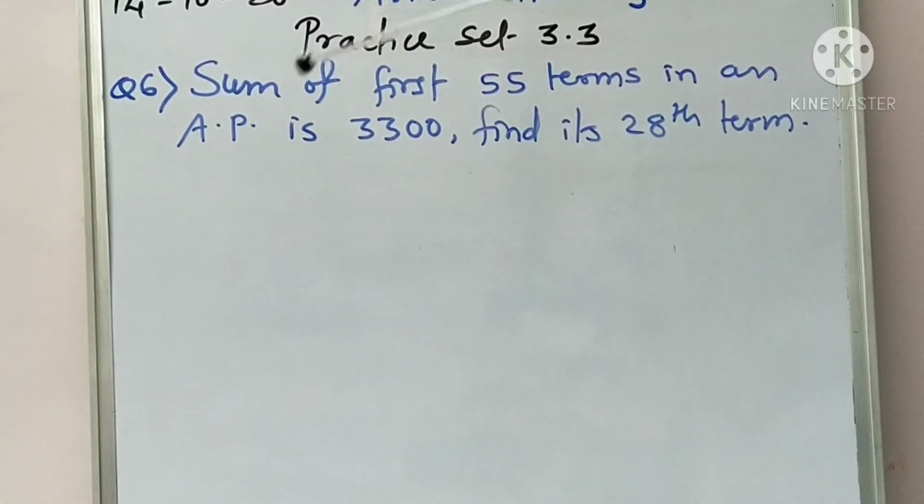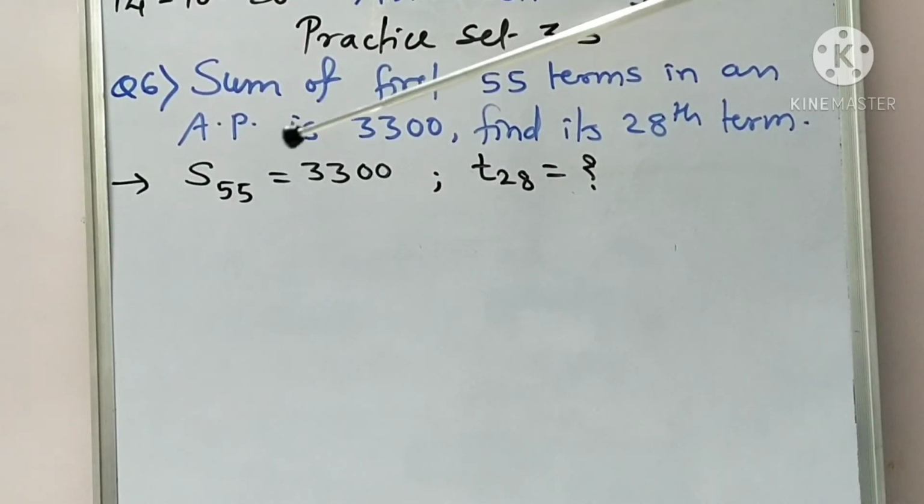Okay, the sixth one is: the sum of the first 55 terms in an AP is 3300. Find its 28th term. According to the given information, first we write it in symbolic form. Pay attention over here students.